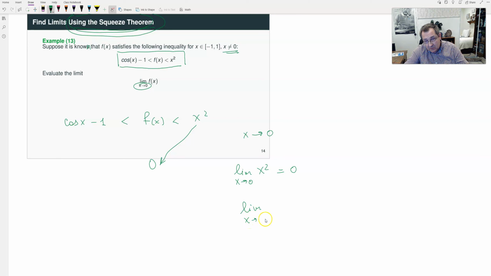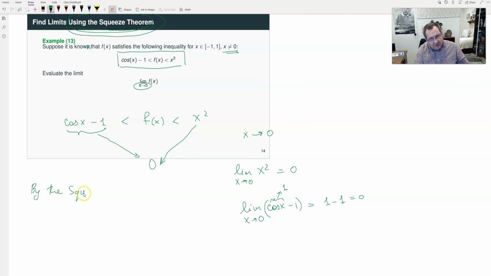The limit as x goes to 0 of cosine x minus 1. It turns out, and we will show it very shortly, cosine x will approach 1 when x approaches 0. And 1 stays the same, so we'll have 1 minus 1 equals 0. Guess what? The left side is also approaching 0.